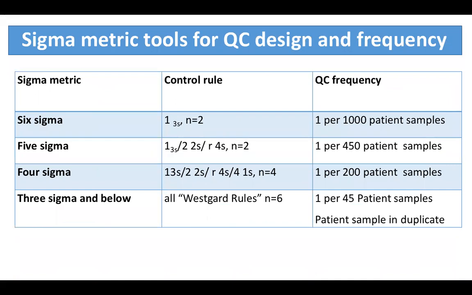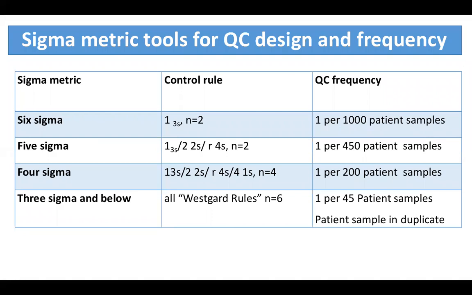We can take decision accordingly. What are the reasons for this inaccuracy? What are the reasons for this imprecision? This may vary from laboratory to laboratory, and we have to decide and take action, document that action, and calculate 6 sigma again next month and see what is happening.